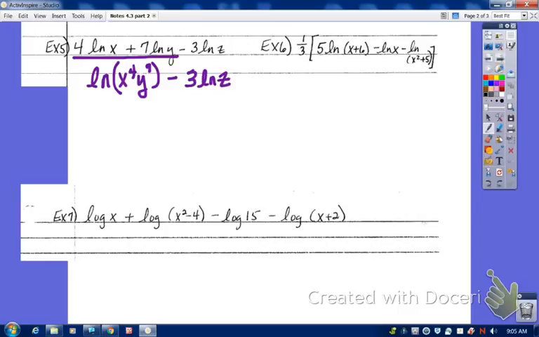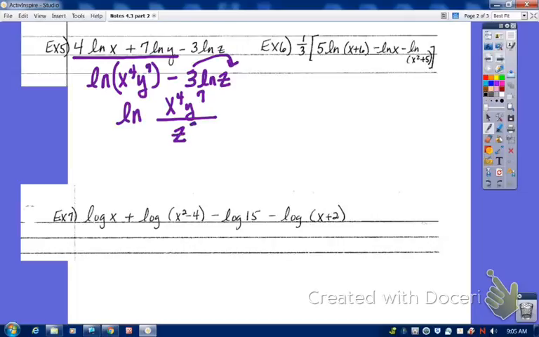So now I have two logs, they're being subtracted, and I have that 3 that needs to go back to be a power. So since they're being subtracted, this is showing a quotient. What goes in the top? x to the 4th, y to the 7th, and what goes in the bottom?